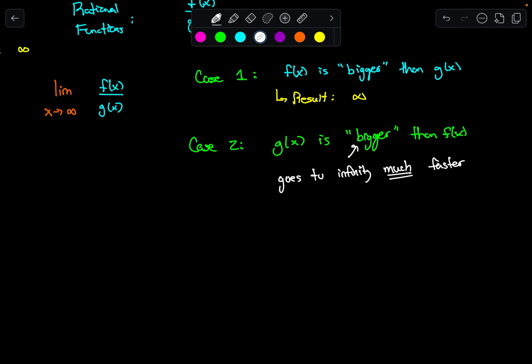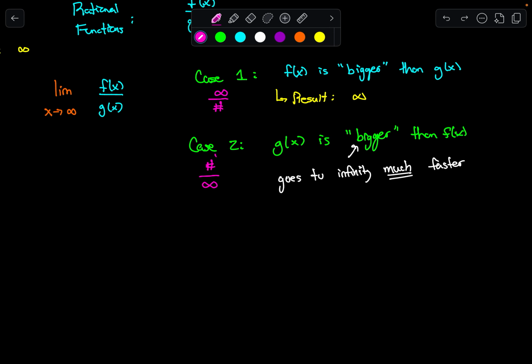If we end up with a case like that, then what this rational function is going to look like is essentially infinity on the bottom while the other one is still some number. Our first case was we had infinity on top and the bottom is growing so slowly that I'm still counting by numbers while I've already reached infinity on the top one. And in that case, infinity divided by a number is just infinity. Half of infinity is infinity, a quarter of infinity is infinity, works out.